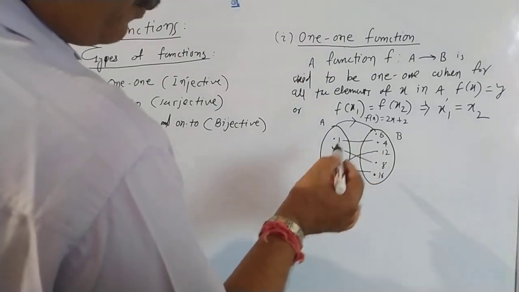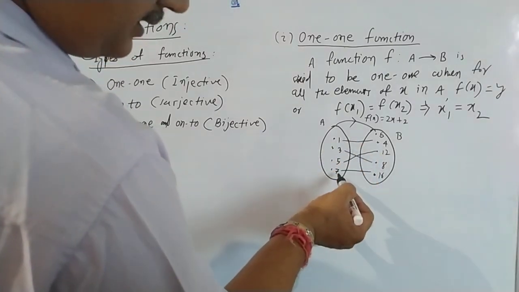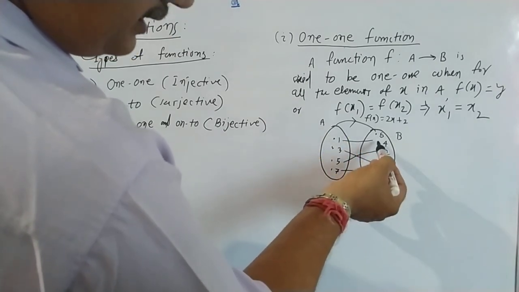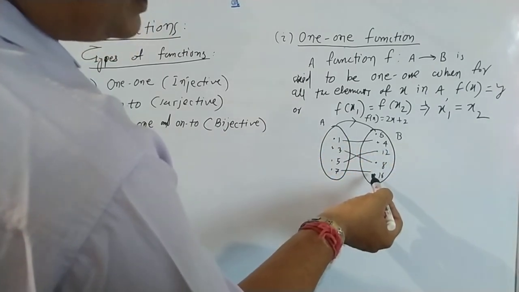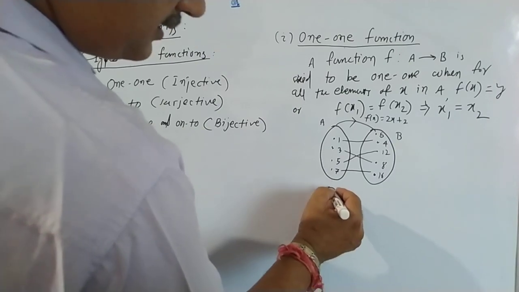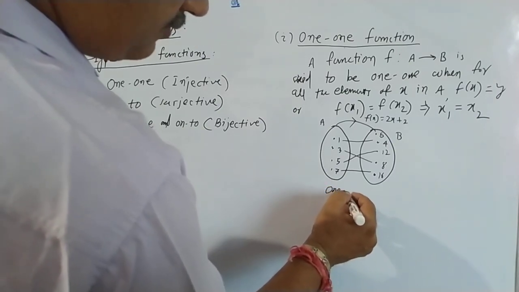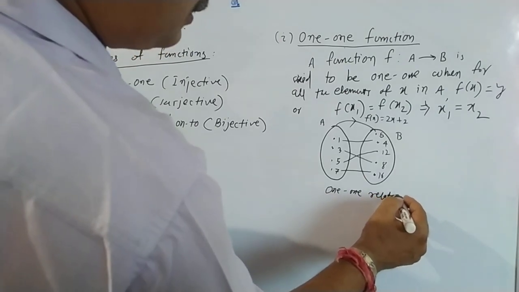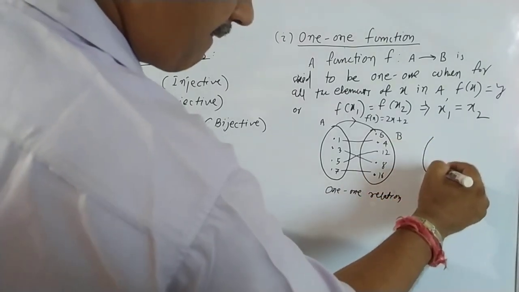Here you see there are 4 elements, and for each element in set A there is one and only one image in set B. So this is an example of a one-one relation.